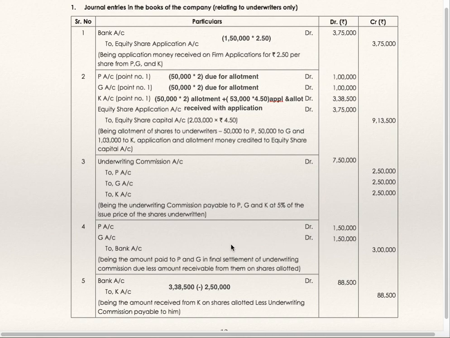P's account debit 1,50,000, G's account debit 1,50,000, to bank 3 lakh, whereas the company will get from K 88,500, bank account debit to K 88,500, which is 3,38,500 minus 2,50,000. 2,50,000 is this. This is how you are supposed to pass journal entries.